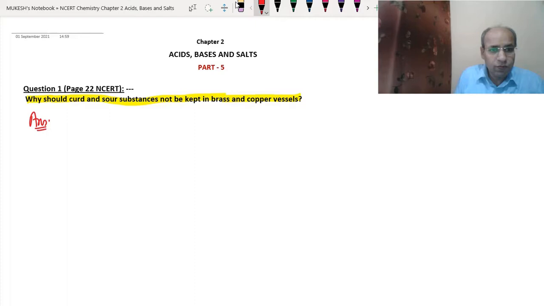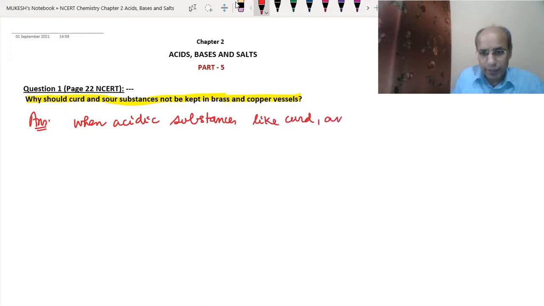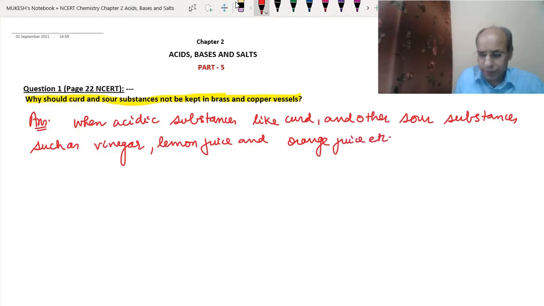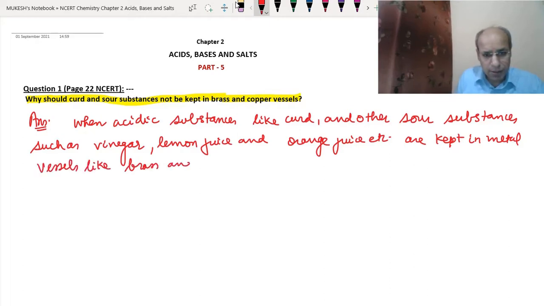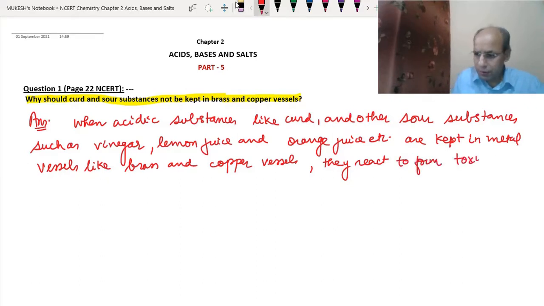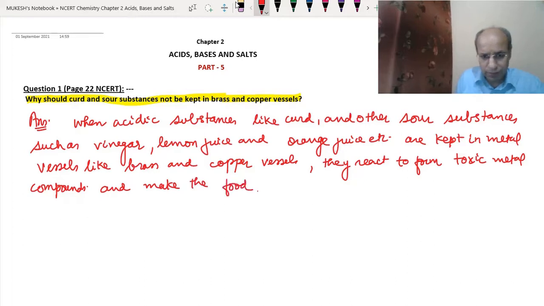Let's write the answer. When acidic substances like curd and other sour substances such as vinegar, lemon juice and orange juice, etc. are kept in metal vessels like brass and copper vessels, they react to form toxic metal compounds and make the foodstuff unfit for consumption.